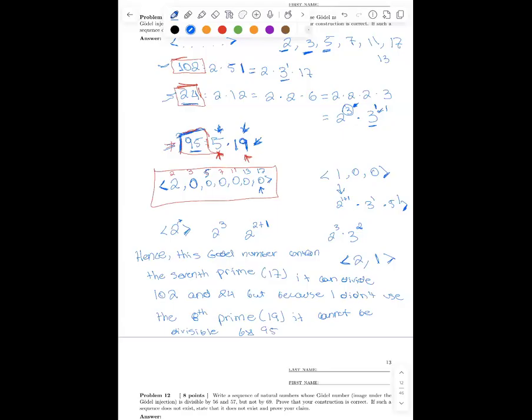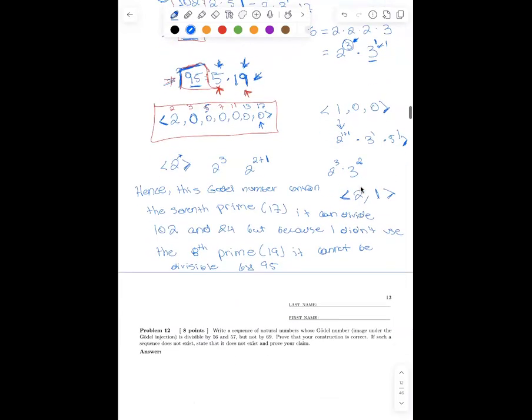Honestly, in the exam, when I was doing it, I just wrote something simpler, and it was still acceptable. Yeah, if you saw Joe's, thank you, Joe. But remember to give also the sequence because it's asking for it.